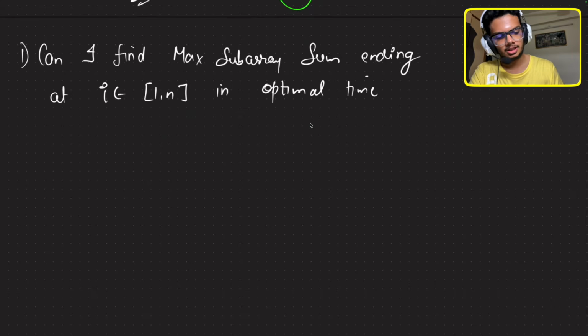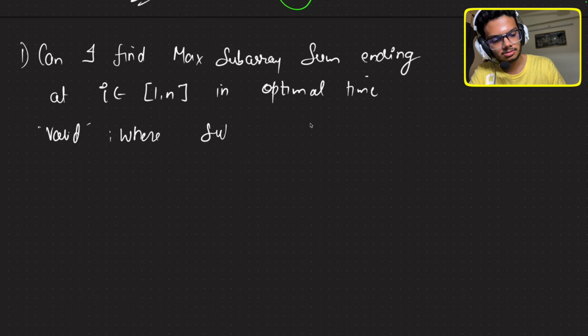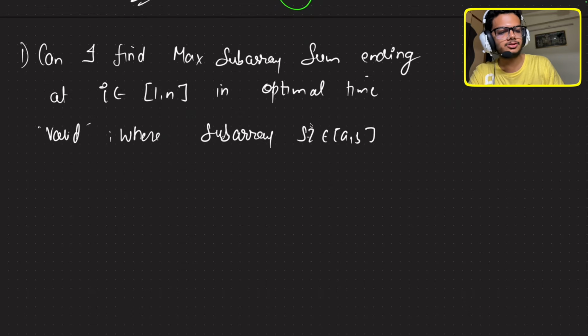Of course, it is assumed that the subarrays are valid in the sense that subarray sizes belong to range A and B, right? So can I find the maximum subarray sum ending at a given index where the subarray size ranges from A to B? So consider all the subarrays ending at a given index and the size in range A to B. Can I do that?